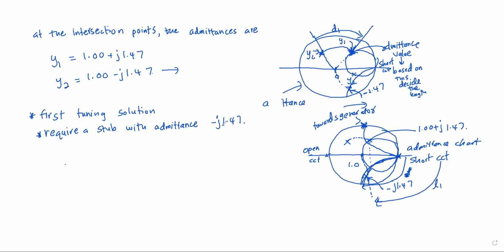Since this contains only an imaginary value, we actually consider this as susceptance. Susceptance comes once you take the inverse of an impedance value, if the impedance value is a capacitance. If this admittance value does not have a real part, we consider it as the susceptance of the load.